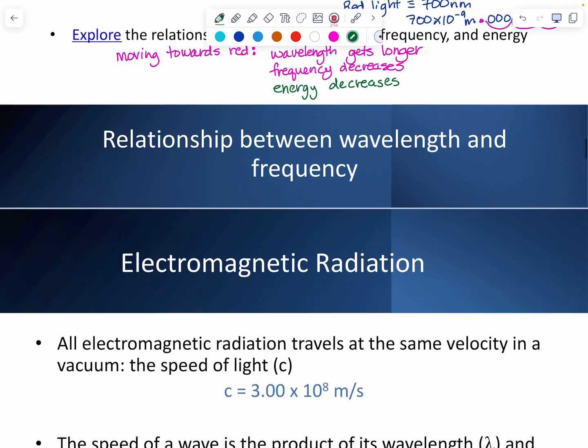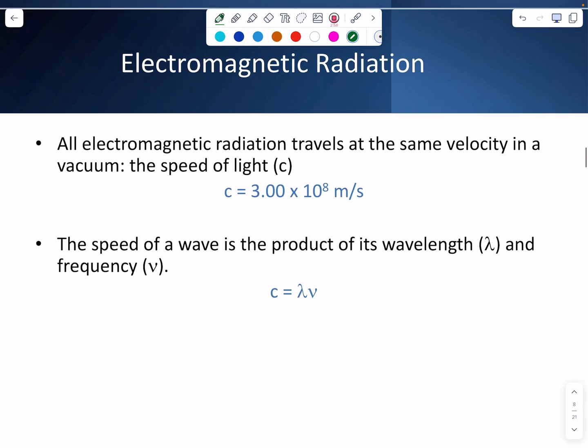All electromagnetic radiation, whether our human eyes can see it or not, travels at the same velocity.